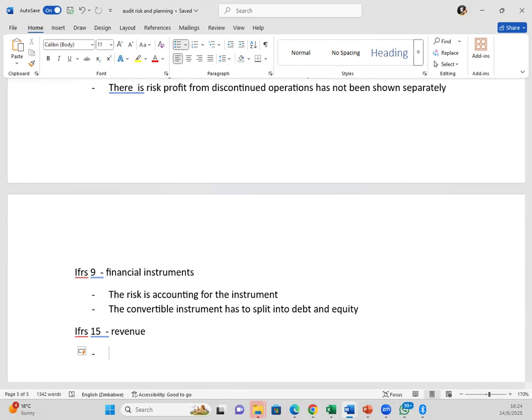If they overstate revenue, then they can easily window-dress their accounts. So the key risk is early recognition of revenue.